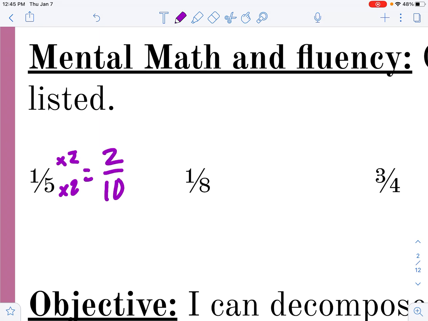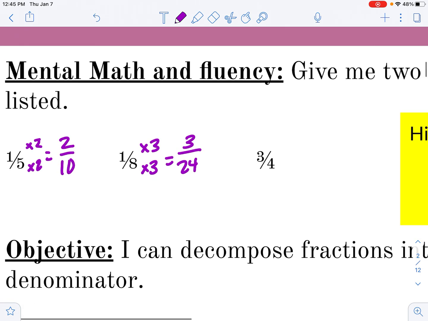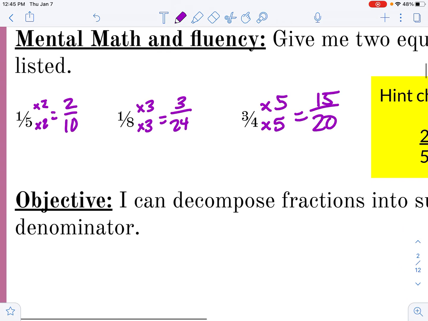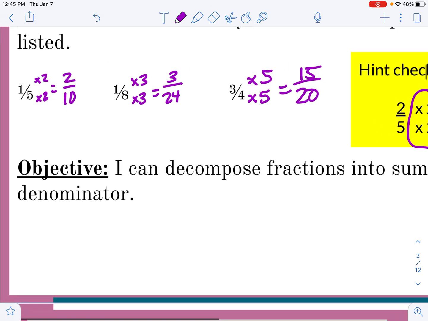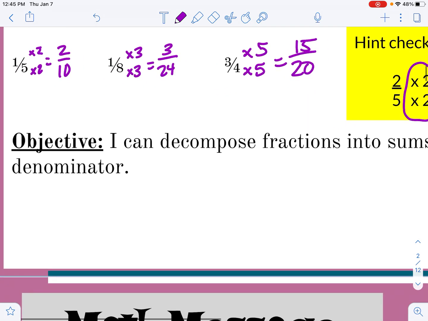For 1/8, we could do times 3 and have 3/24. And for 3/4 times 5, we could have 15/20. We of course can come up with lots of different equivalent fractions, but that's just a reminder of how we can have a fraction that has the same value as another one.